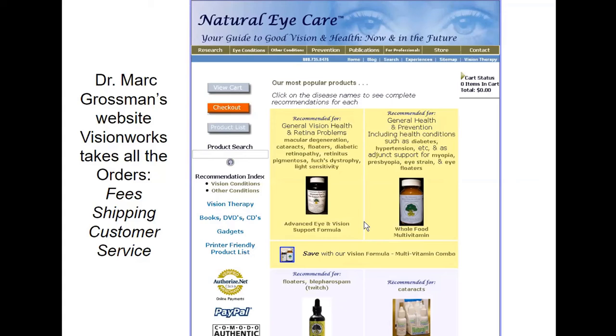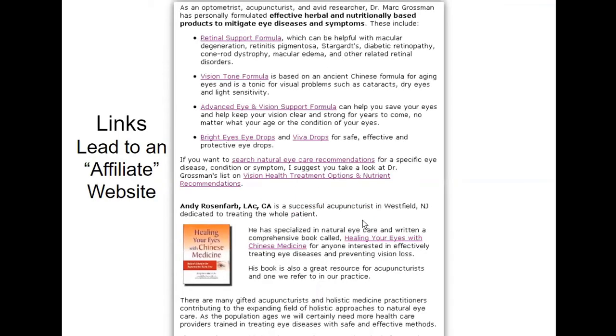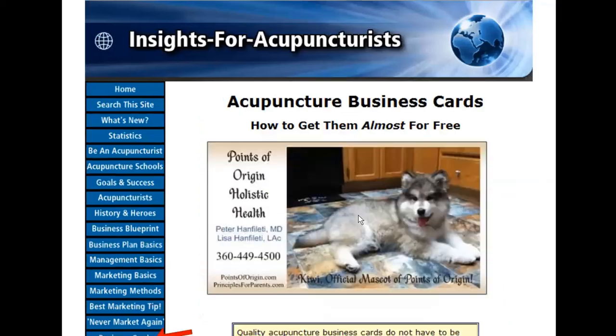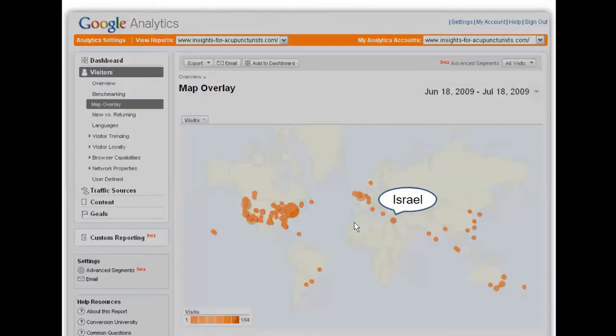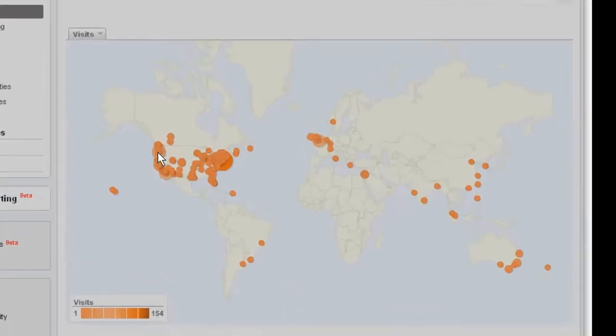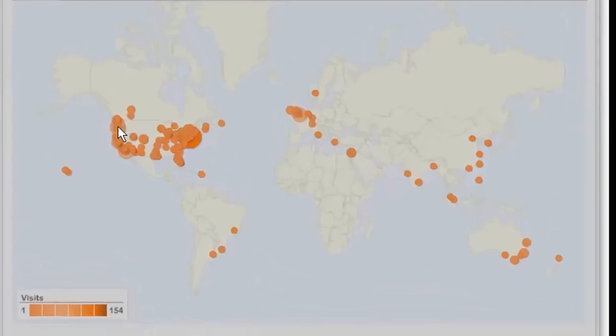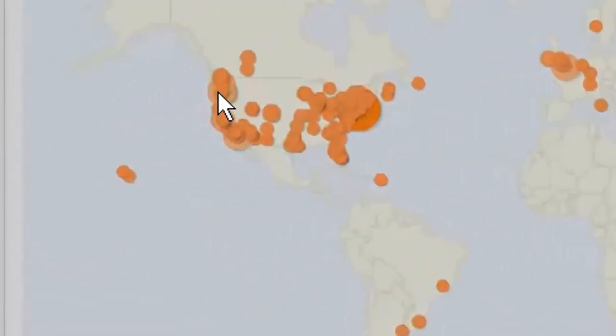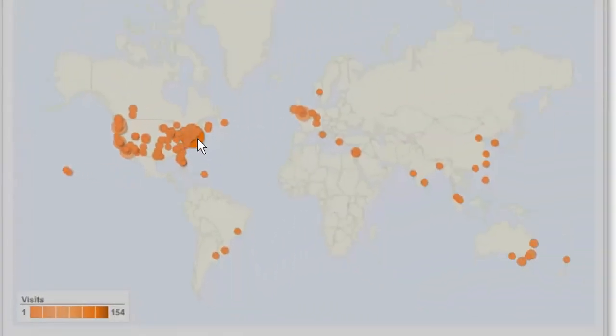And what am I going to show you? Watch. I'm going to scroll up here. This is where it gets to be exciting. So if I had bought these supplements wholesale and sold them retail in my clinic, this is my little location right here, Vancouver, Washington. I couldn't sell to people on the East Coast or in other countries, right?